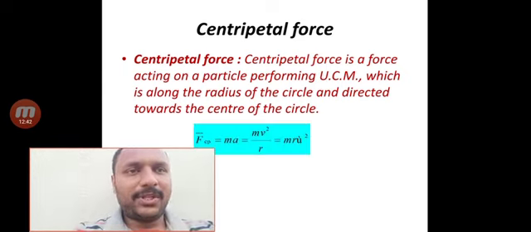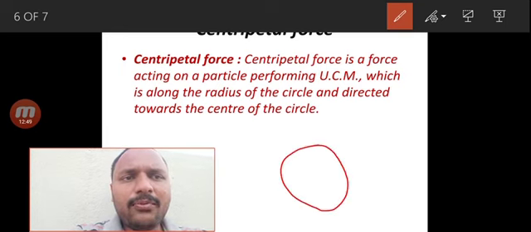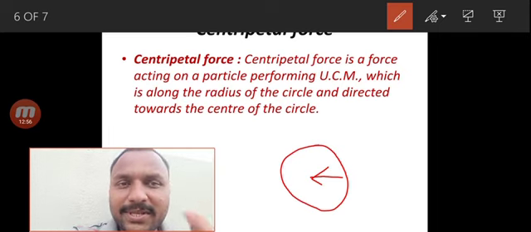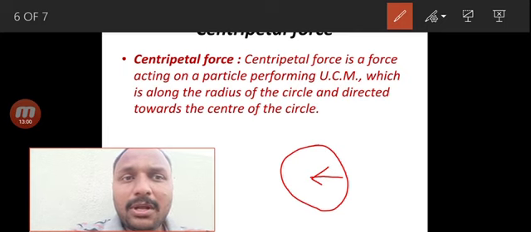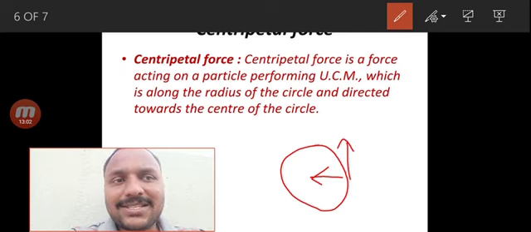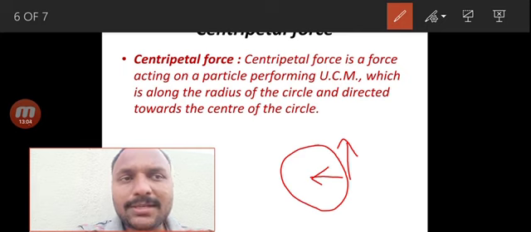Why do we use the special word UCM? Because in a UCM only one acceleration is there. CM and UCM are different concepts. In a circular motion, another acceleration is there, and due to that acceleration another force is there.